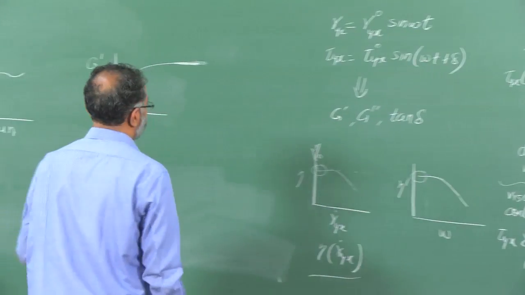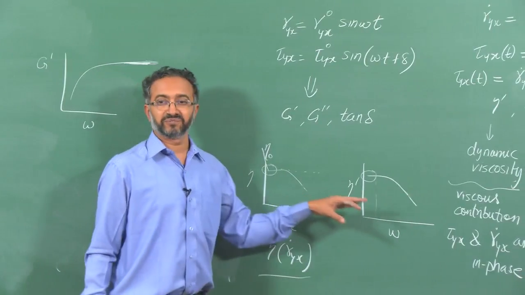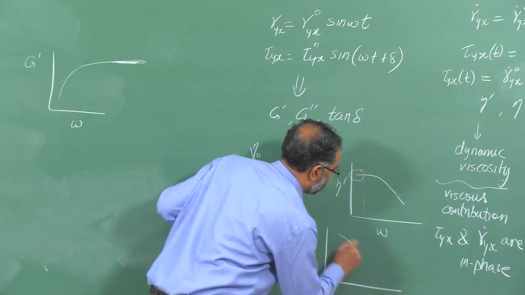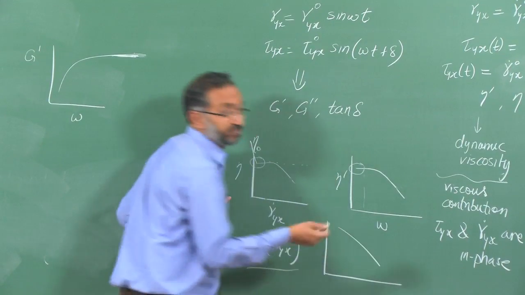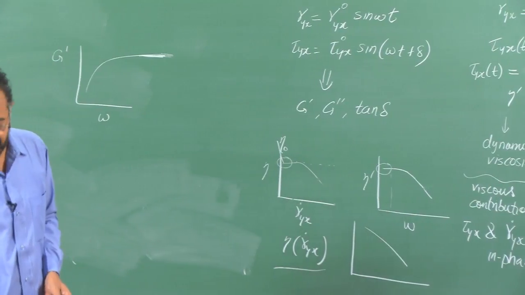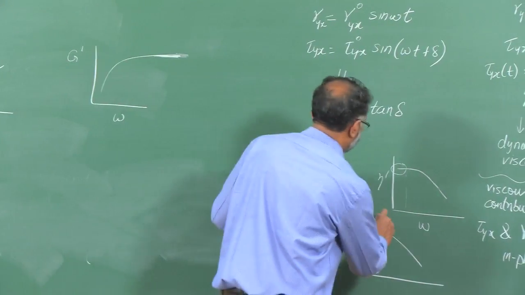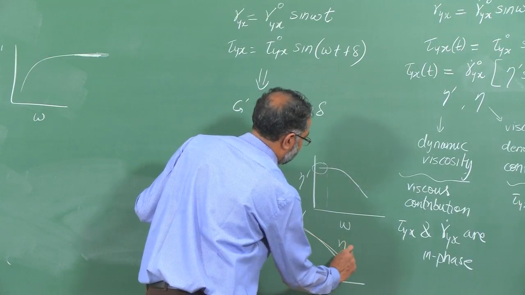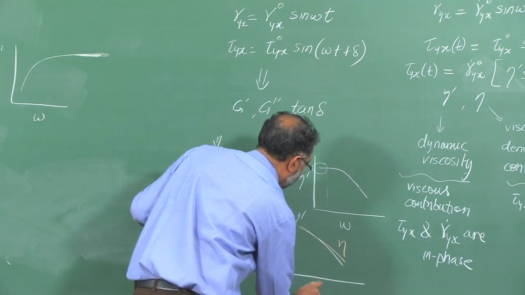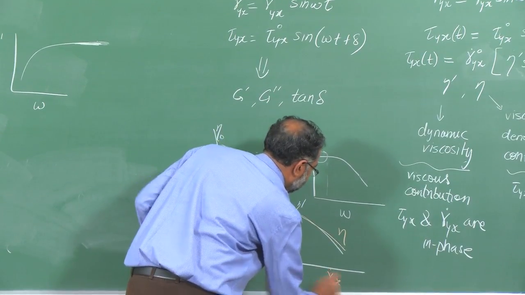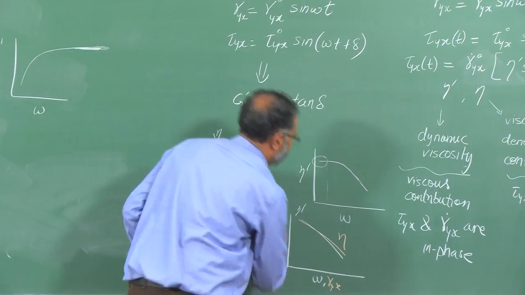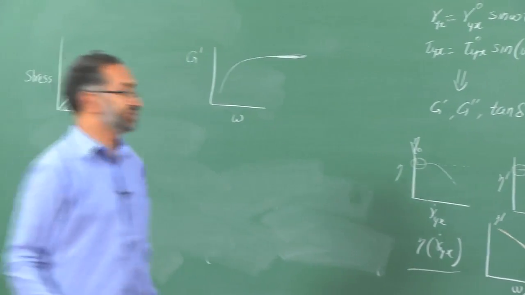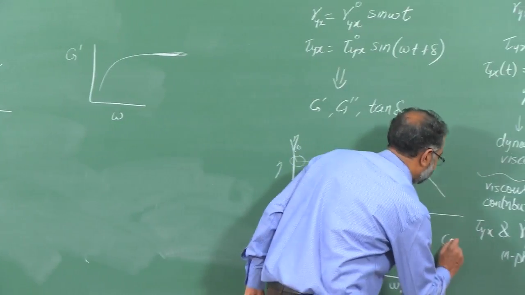But it so happens that there are several materials which actually show that if you plot eta prime and eta, let us say this is eta prime, and then you plot eta as a function of gamma dot yx or a function of omega, they seem to show very similar behavior. And so, this is called the Cox-Merz rule.